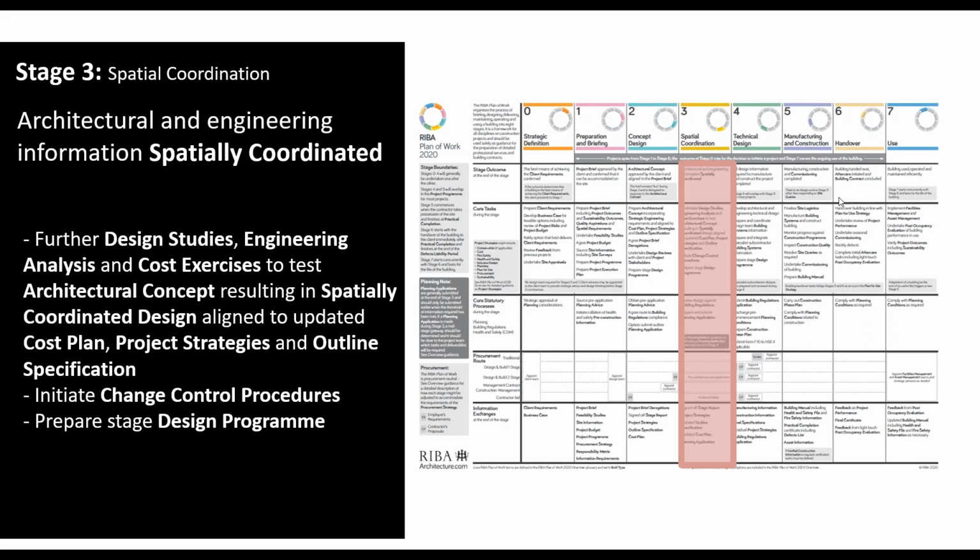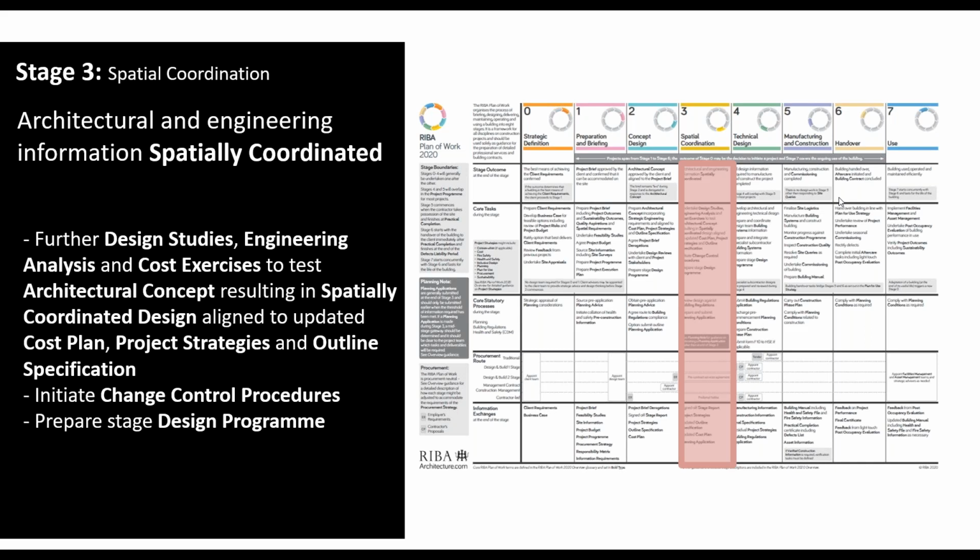And that was one of the big topics that was discussed a lot in the development of the 2020 version. And the main reason is that, again, many years ago, it used to be that the same design team would work through stages 2, 3, and 4, but frequently now we hand the baton on to another design team.